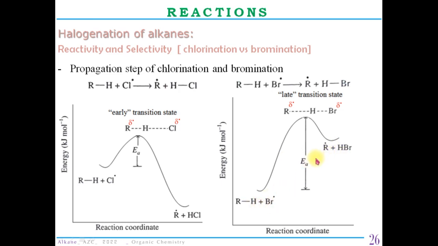The bromine radical has sufficient time to discriminate between primary, secondary and tertiary hydrogen. So the bromine radical predominantly abstracts tertiary hydrogen and gives the tertiary alkyl radical as the predominant intermediate, and we will get tertiary alkyl halide predominantly as the product. So bromination is more selective compared to chlorination.